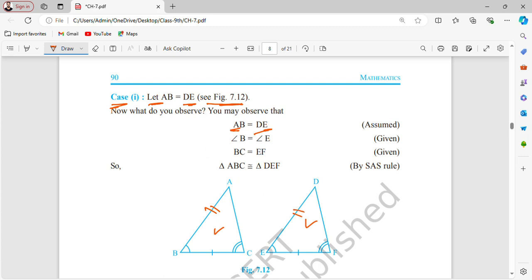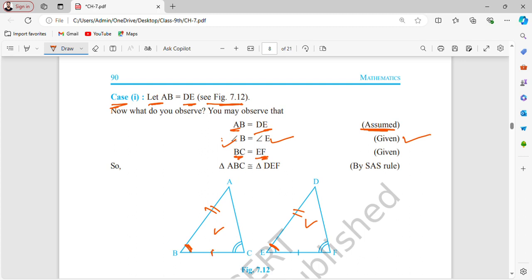We assume both sides are equal, and angle B and angle E are equal, which is given in the statement, and side BC is equal to EF.